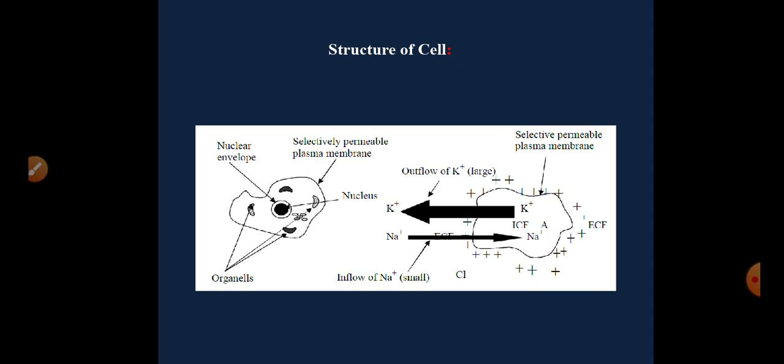The fluid inside the plasma membrane is called intracellular fluid, abbreviated as ICF, and the fluid outside the plasma membrane is called extracellular fluid, abbreviated as ECF. The plasma membrane separates the cell contents from its surroundings.